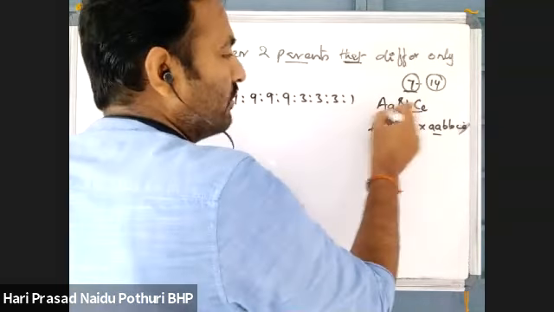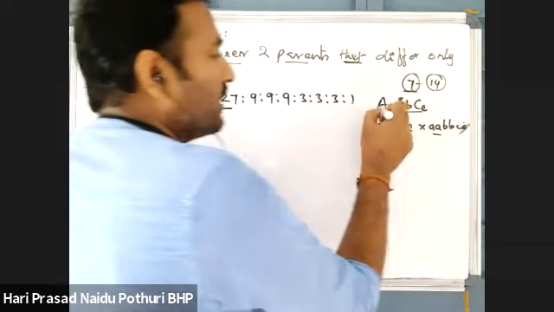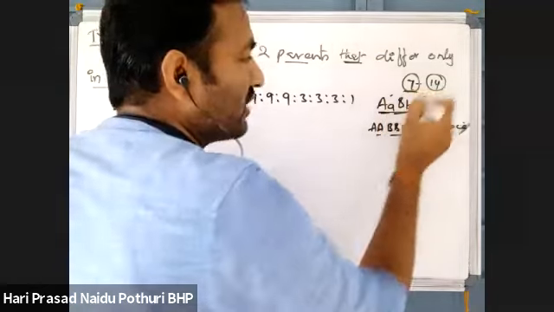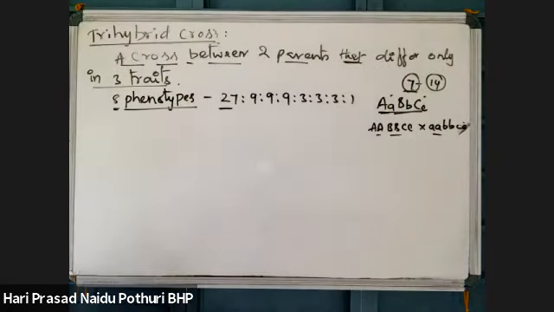Then in F1, there is heterozygous condition for 3 genes. How many heterozygous genes are there? 3.